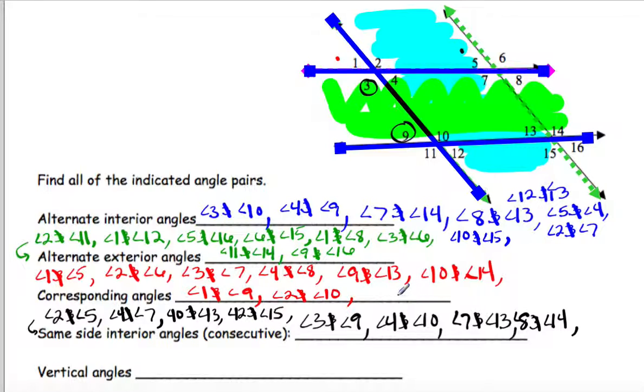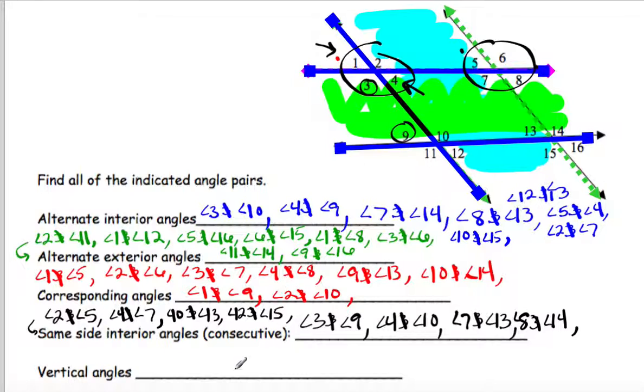And then verticals. Notice each of these pairs had one angle from, like this is a set of 4, and this is a set of 4. It would have one from each one. But when you're naming vertical angles, you're going to be naming 2 that are in a group of 4.